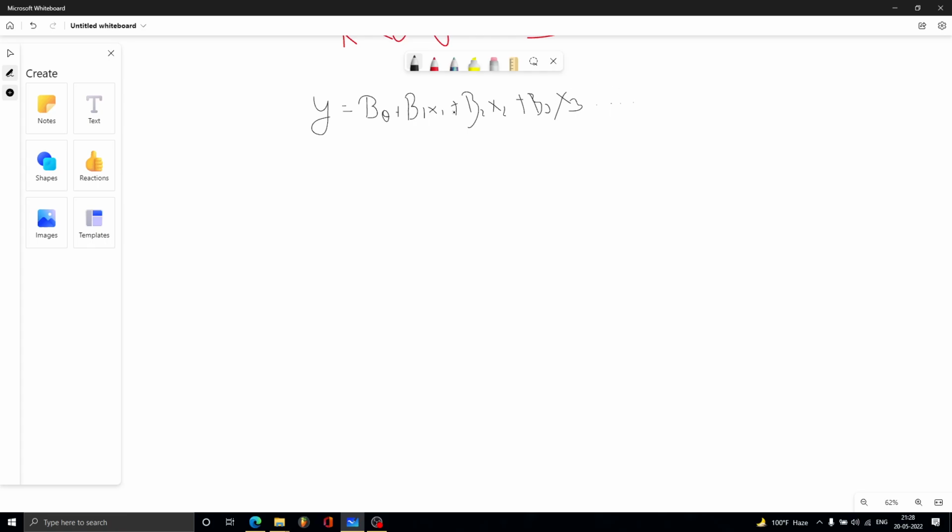Now suppose these two features are correlated, then our R square is increasing. That's great, there is no issue with that. But let's say b3 x3, when we come to this feature, was not correlated.